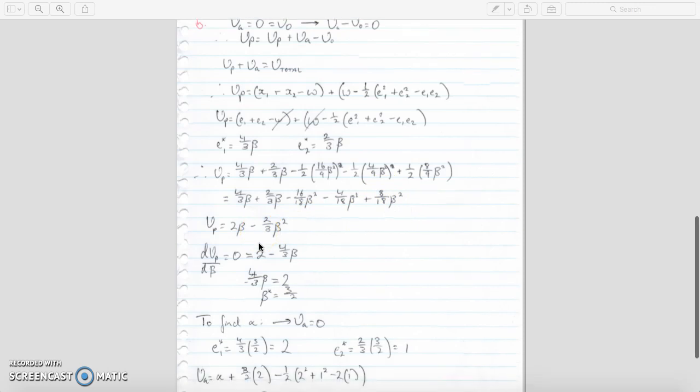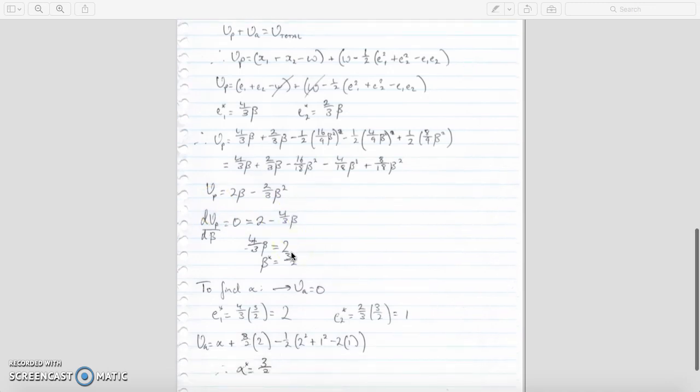Further simplifying that gives us the utility of the principal equals 2b minus 2 over 3b squared. Then, as I said, we are looking to maximize beta. So we differentiate that function and set it equal to 0, which gives us 2 minus 4 over 3b. And then rearranging that gives us b star, the optimal beta in this case, which is equal to 3 over 2.